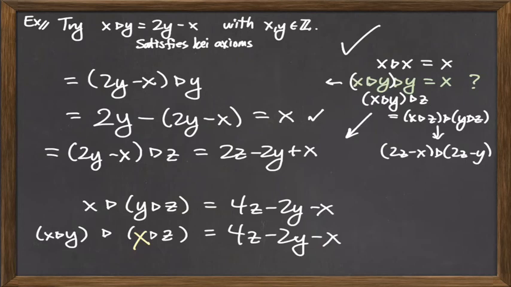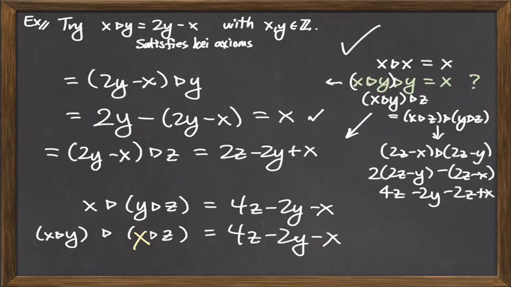And then that's going to be twice 2z minus y minus 2z minus x. Right? And that's 4z minus 2y minus 2z plus x. That's 2z minus 2y plus x.